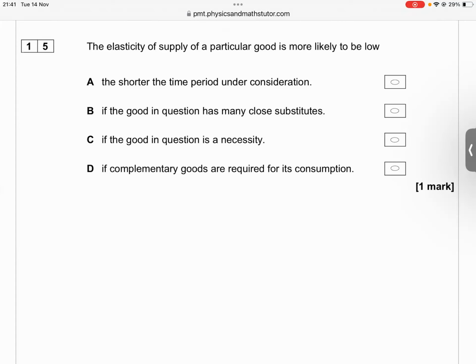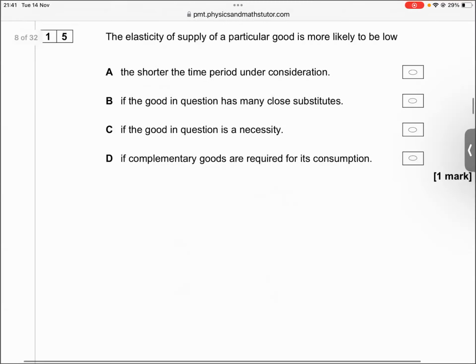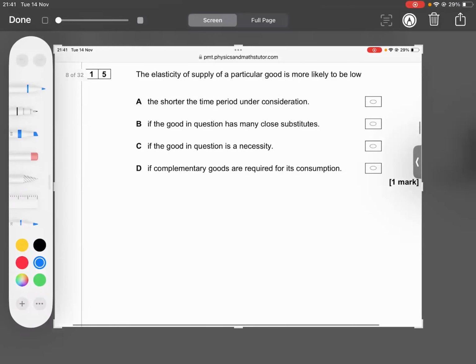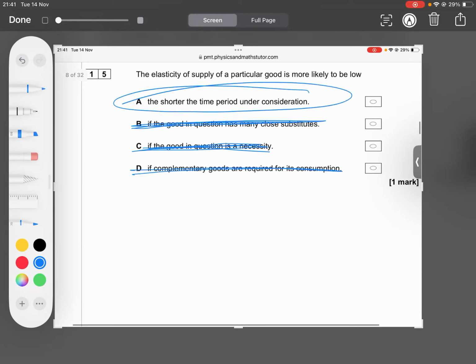Would it be C? Okay, so it's definitely not C. That's something to do with PED. Substitutes are also to do with PED. Complements are also to do with PED. Okay, so it's this one. Also, we said that the T was time. That makes everything more elastic. So if there's less time, it would make something less elastic.